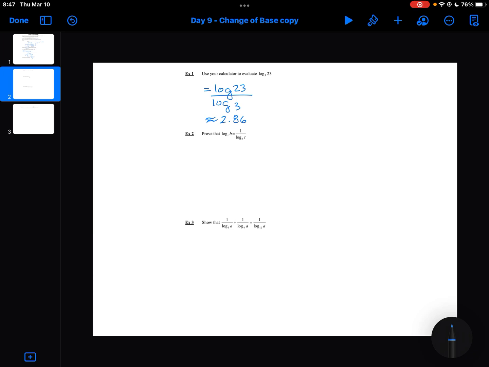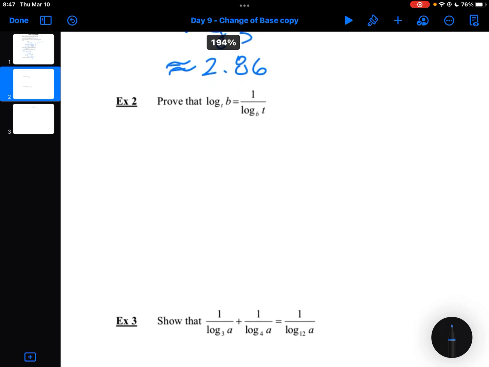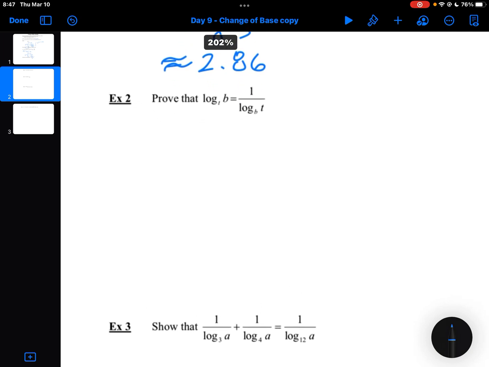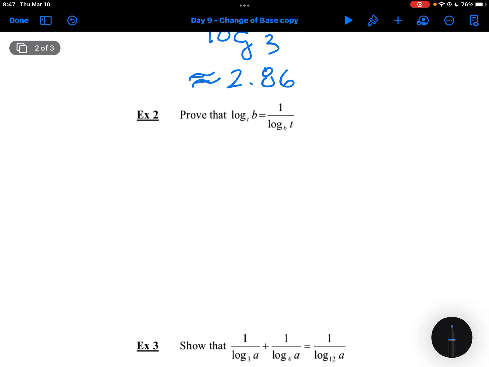So now I want to show another property. Log base t of b is equal to 1 over log base b of t. So let's start with our left side. We've got log base t of b.